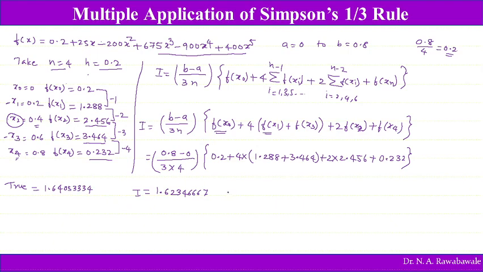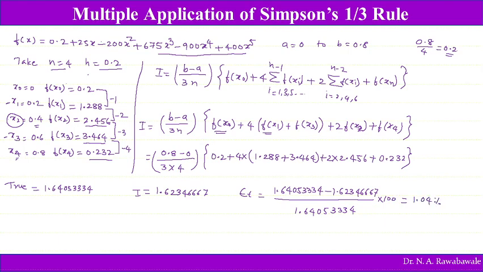Therefore the true error is equal to, true value is 1.6405334 minus 1.6234667, whole divided by true value 1.6405334, into 100. So this works out to be true error, relative true error is 1.04%.